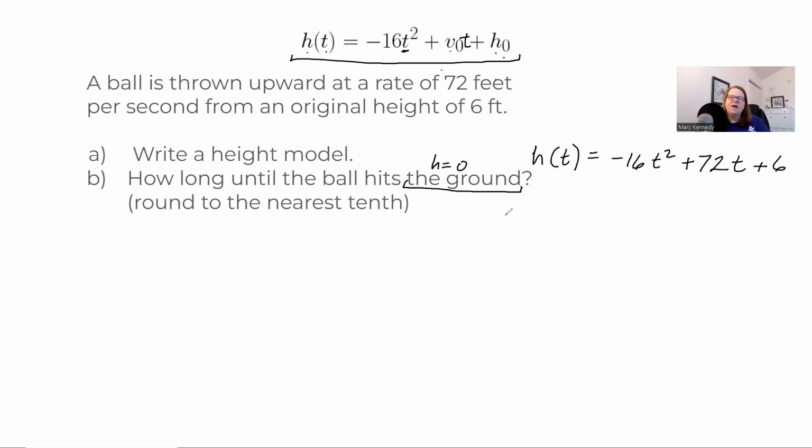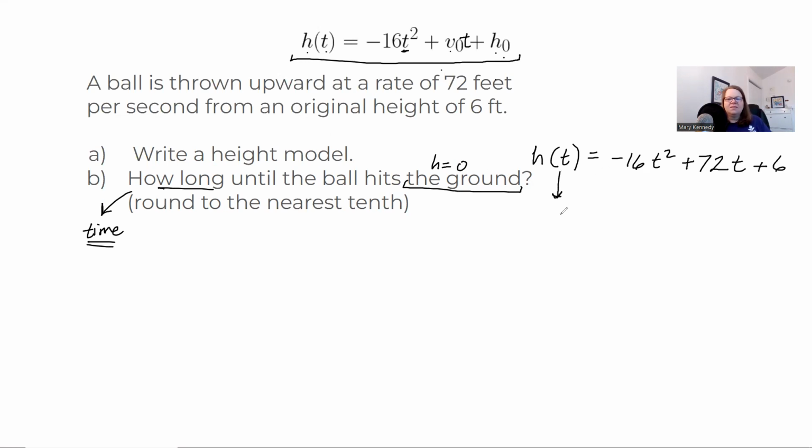And so how long until that happens means that we're finding time. We're finding a measure that will be in measures of time. So that tells us that we're solving for t in our equation. And we want to know when the height is 0, what's the t value?